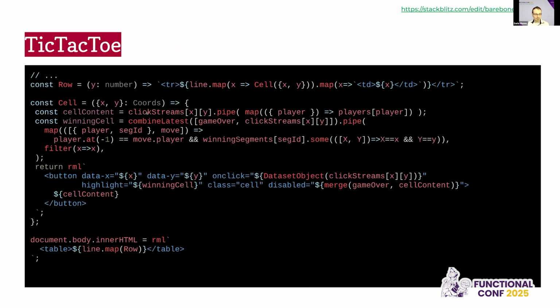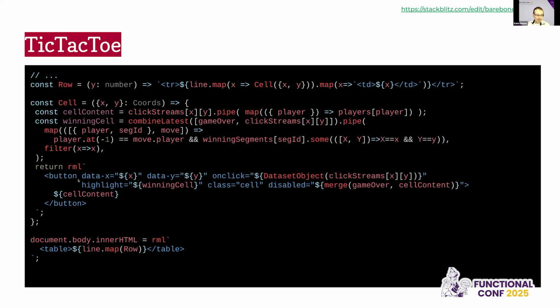Right. Quick, tiny little example. Tic-tac-toe in 35 lines of code, if you look at that. This is one key part of it. So let's look. Row just goes through lines, cells, etc. A cell is a bit like this.